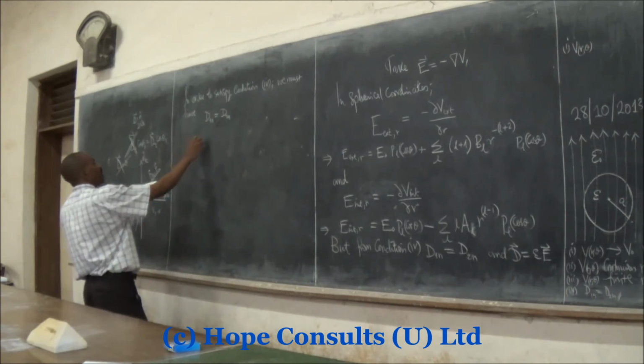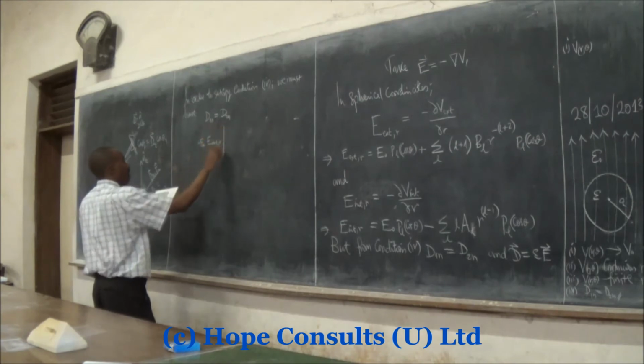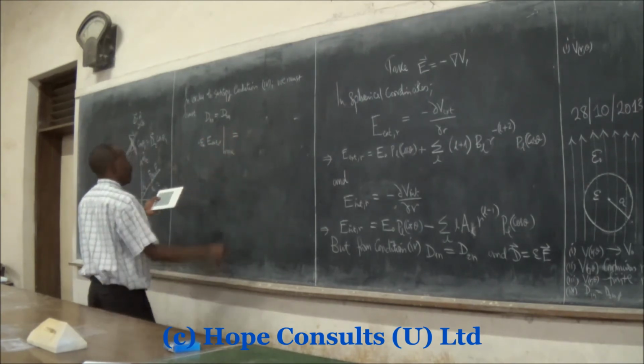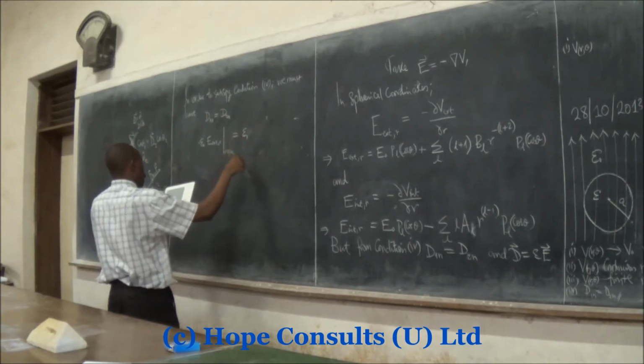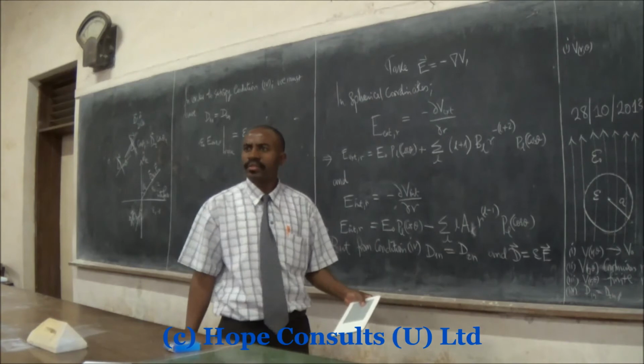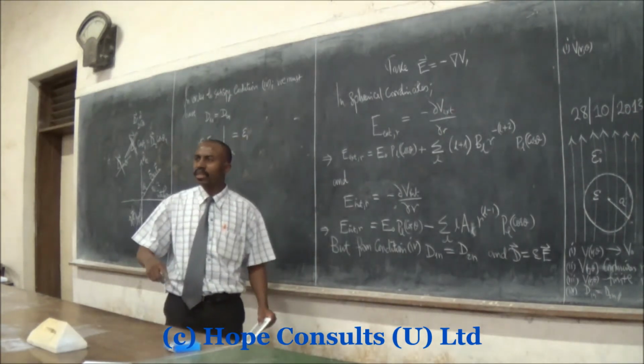So this implies that epsilon naught E exterior r at the surface should be equal to epsilon 1. Did we say epsilon 1 or epsilon? So should we put it as epsilon 1 or leave it as epsilon?